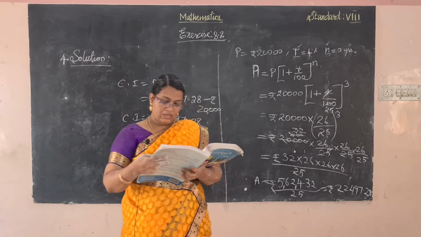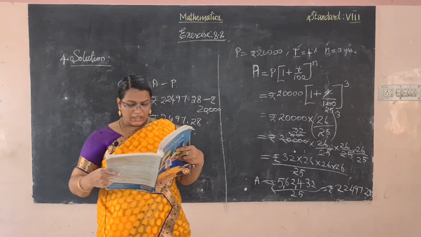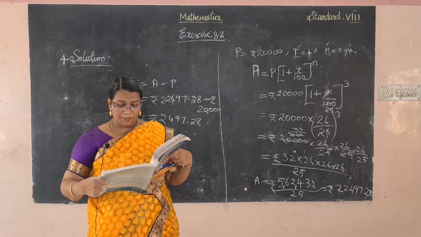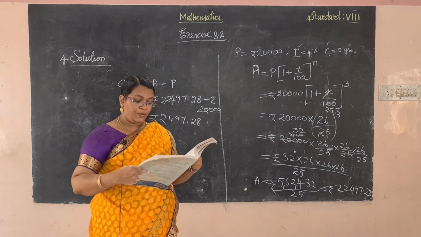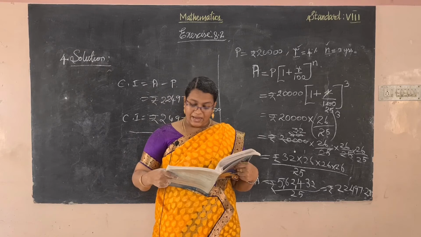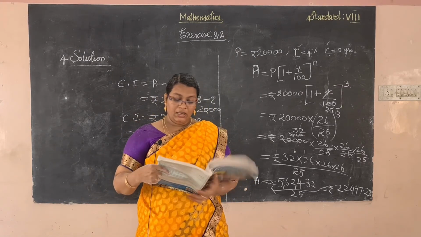Okay. And next one, fifth problem. Kavita deposited rupees 50,000 at 10% per annum for a year in a bank. Per year is given.